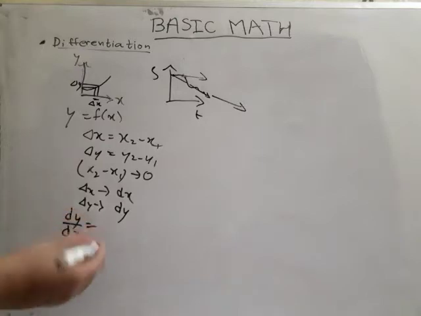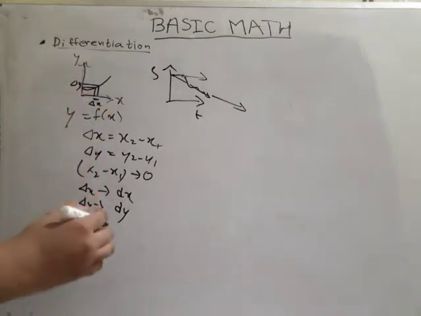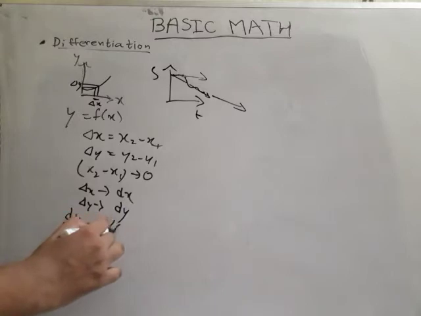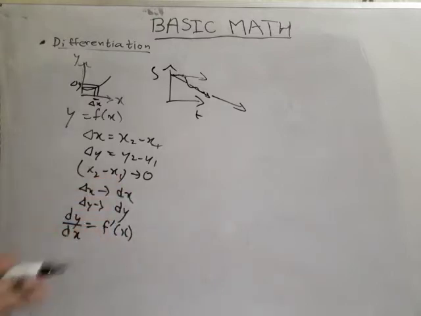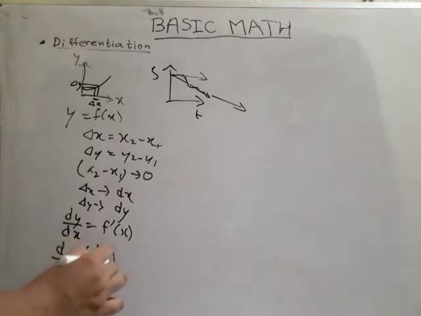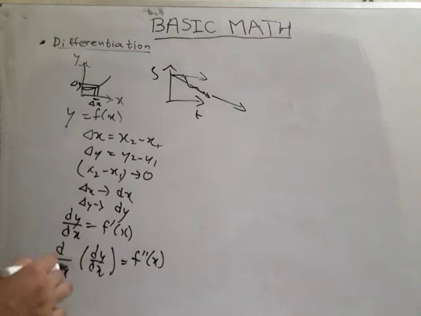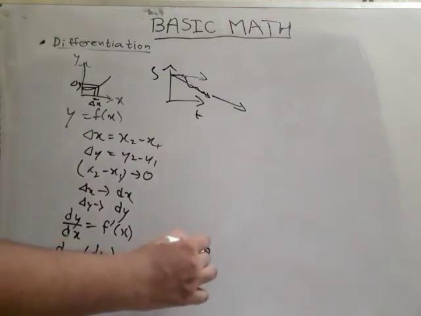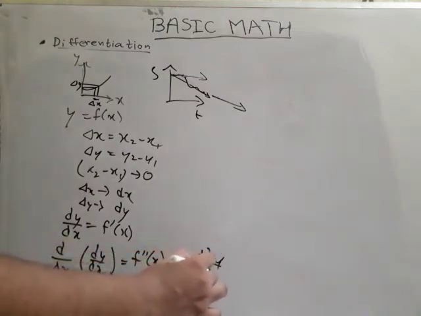Now dy by dx will come as a function again, which is written as f dash x. First differentiation means if we differentiate y with respect to x once, this is called f dash x. Now if we differentiate two times, meaning d by dx of dy by dx, it will be marked as f double dash x. It is usually written as d2y by dx2.